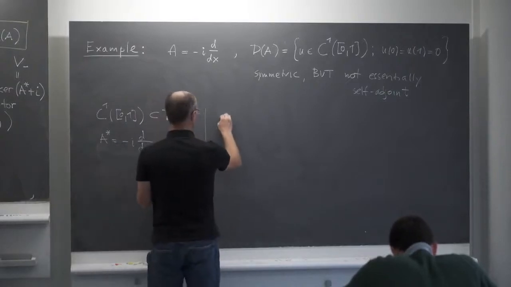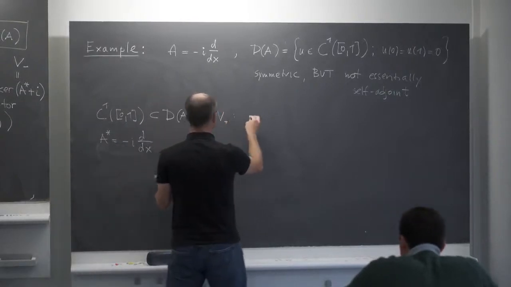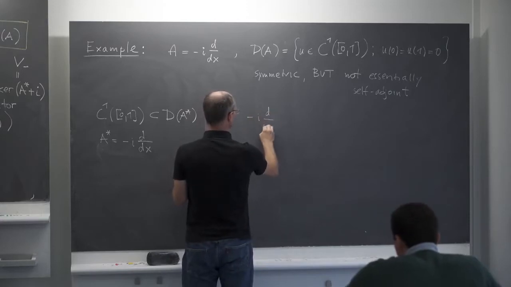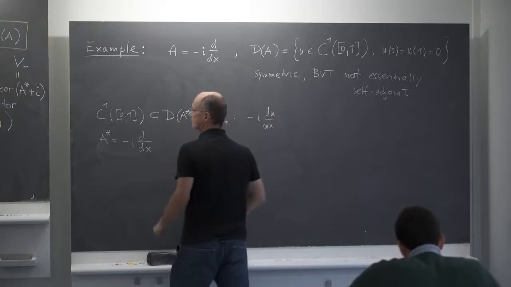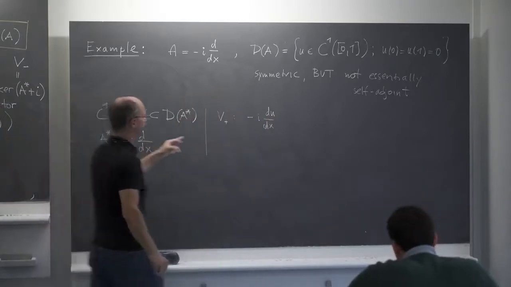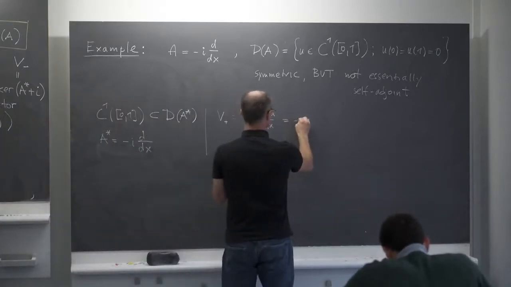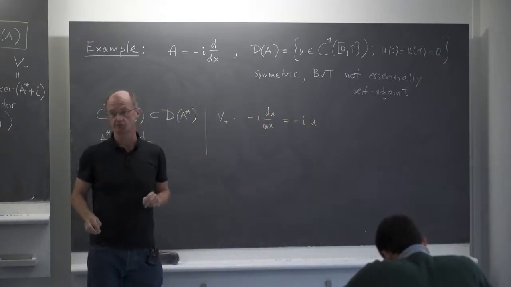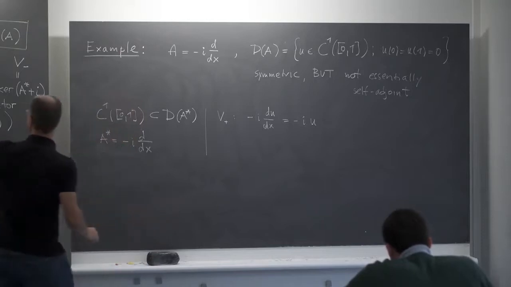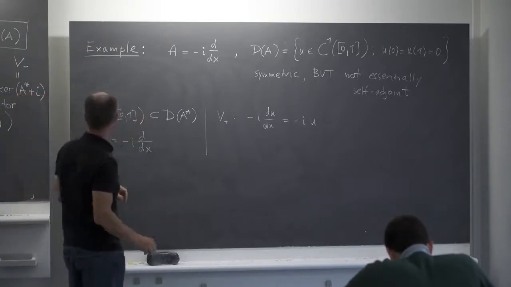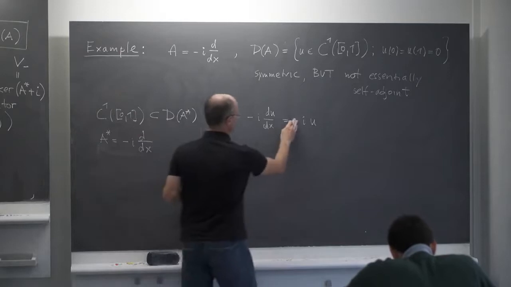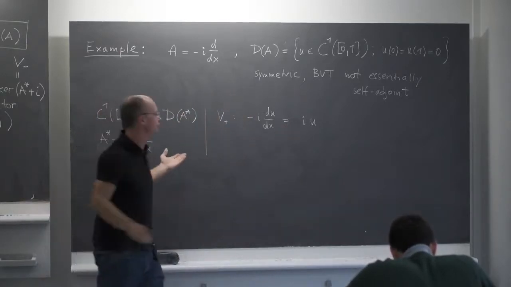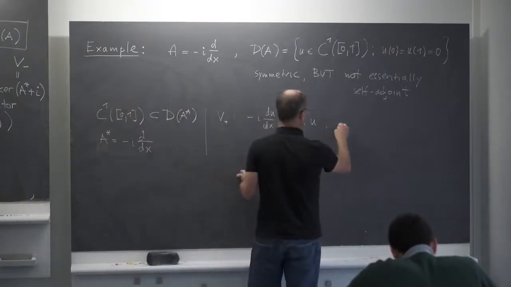So for V plus, we want to solve this equation: minus i du over dx is equal to plus i u. Is it correct? Yes. Plus, sorry. Okay, so what are solutions of those equations?